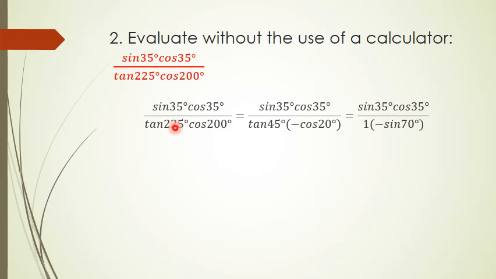And in the third quadrant, the tangent function is positive, so this reduces to, using the reduction formula, tan 45 degrees. 200 is also in the third quadrant, and it is 180 plus 20. And in the third quadrant, cosine is negative, so that reduces to minus cos 20 degrees.